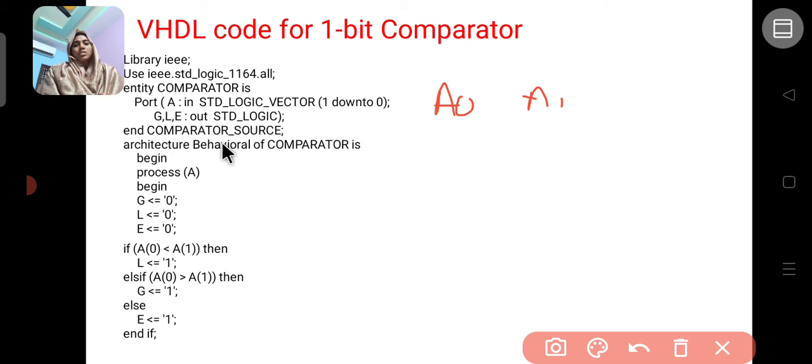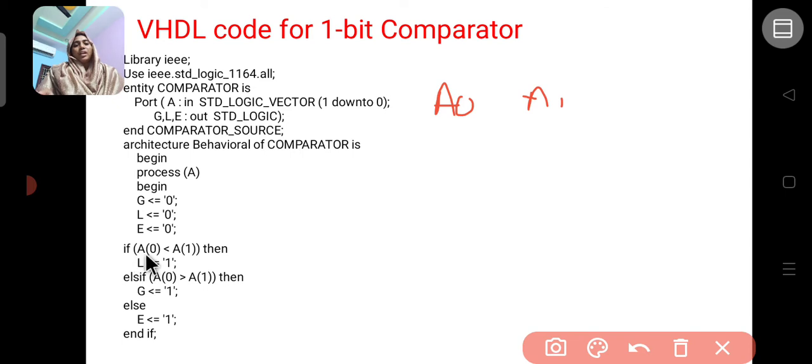Then the architecture begins with a process on A. In the process sensitivity list we have to write the input variable, so the input is A. In the starting stage, greater than equals 0, less than equals 0, equivalent equals 0. Right? We are just initializing, putting zeros, resetting all the 3 outputs.